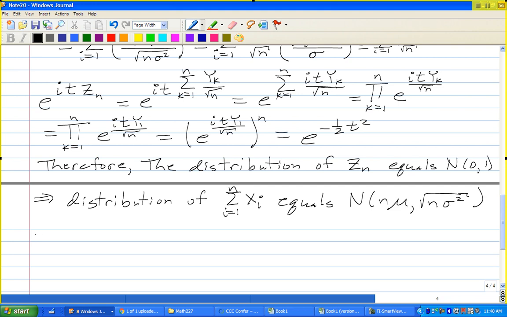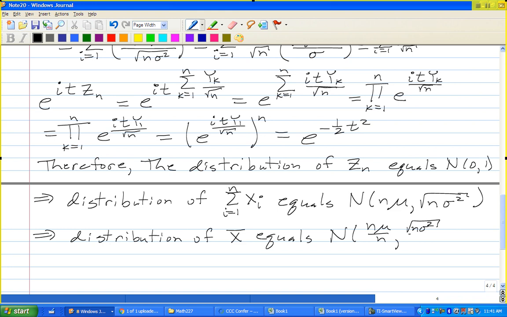And so, just dividing by n, this says that the distribution of the means equals, well, it'll be the same thing, you just divide by n. So it's n mu over n, radical n sigma squared over n.